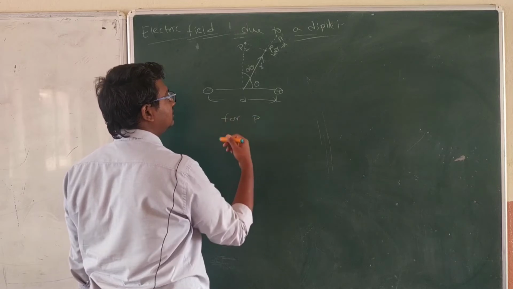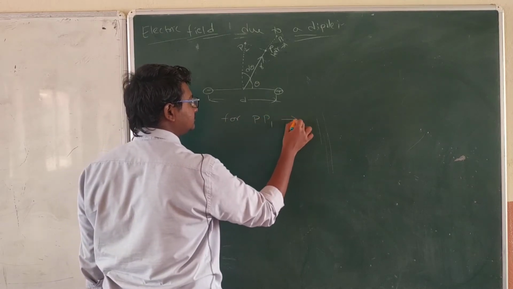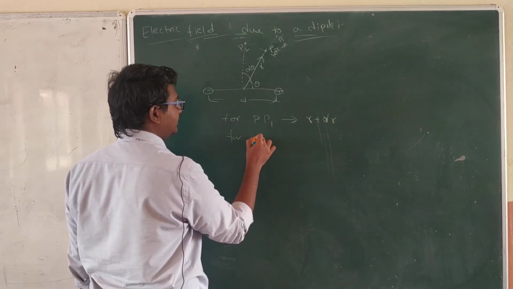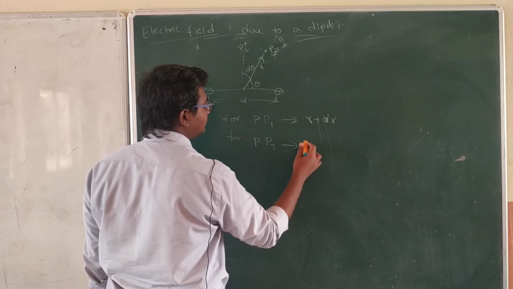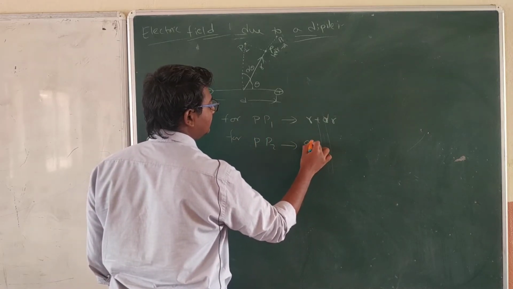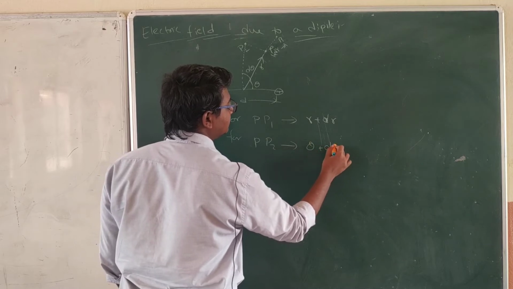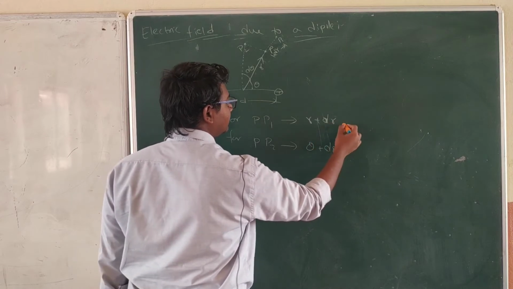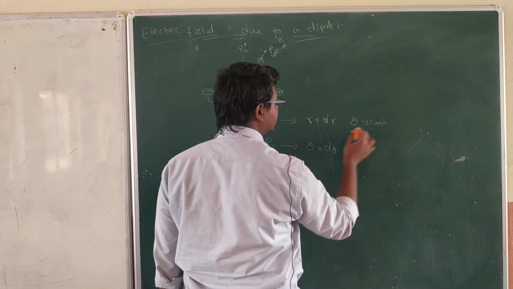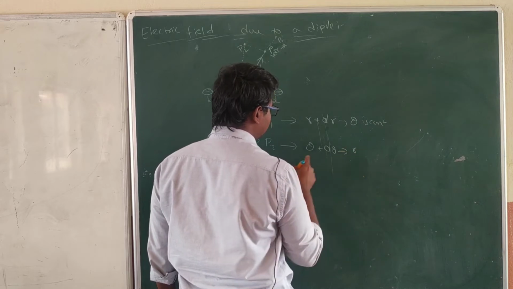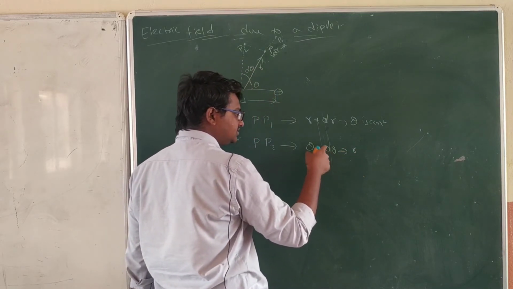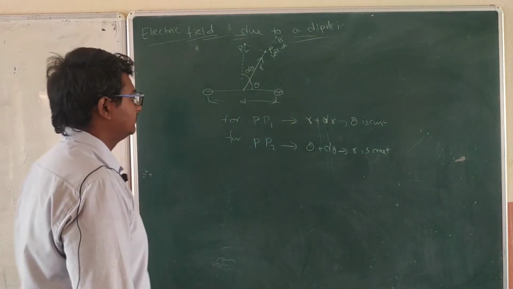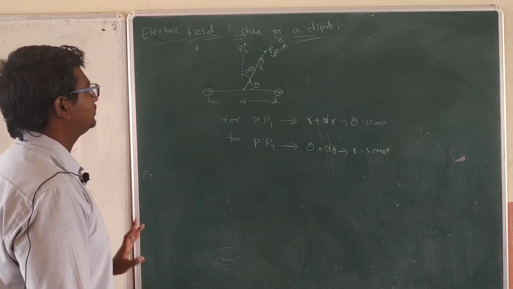For P1, r plus dr. For P2, we observe theta plus d theta. It means in the first case the distance is changing and theta is constant. In the second case theta is changing and r is constant. These two things we need to remember.